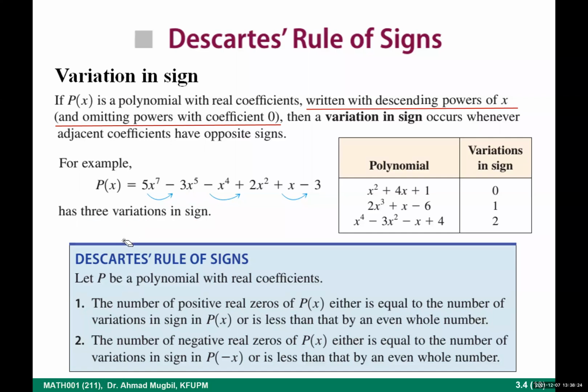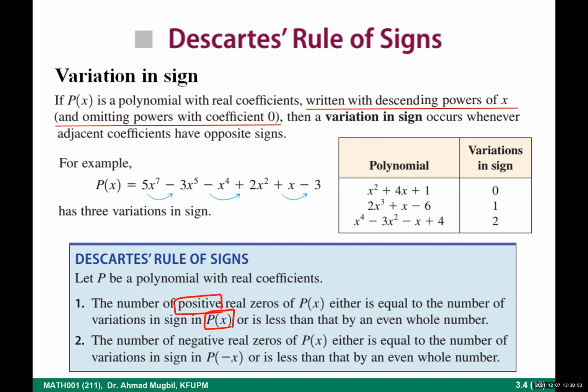Descartes' rule of signs says, if you have a polynomial with real coefficients, then the number of positive real zeros of P of x is either equal to the number of variations in sign of P of x or less than that by an even whole number. Is it clear or should I repeat it?